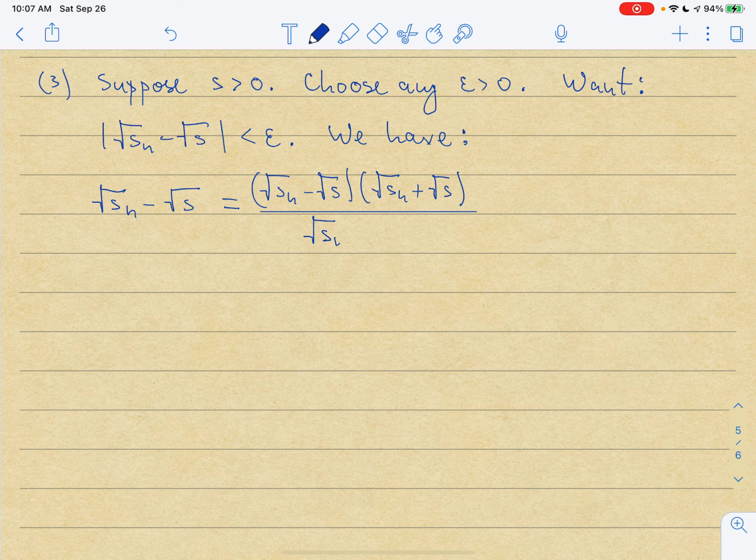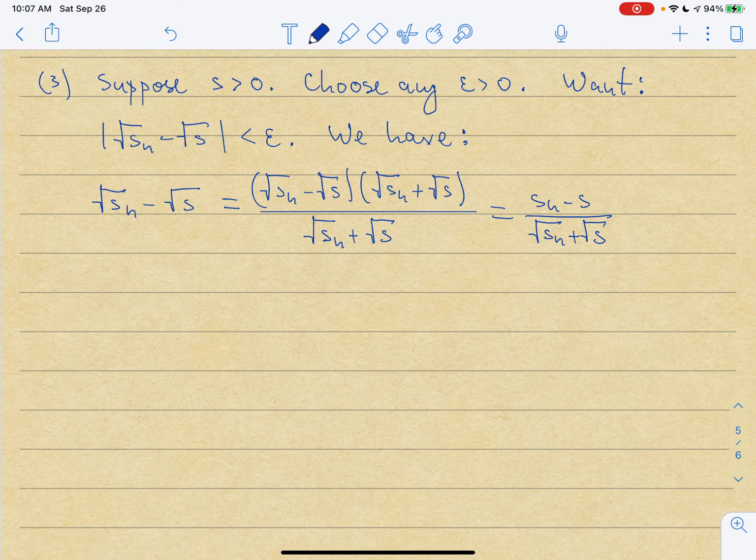Divided by square root of Sn plus square root of S. What is that? Sn minus S over square root of Sn plus square root of S.